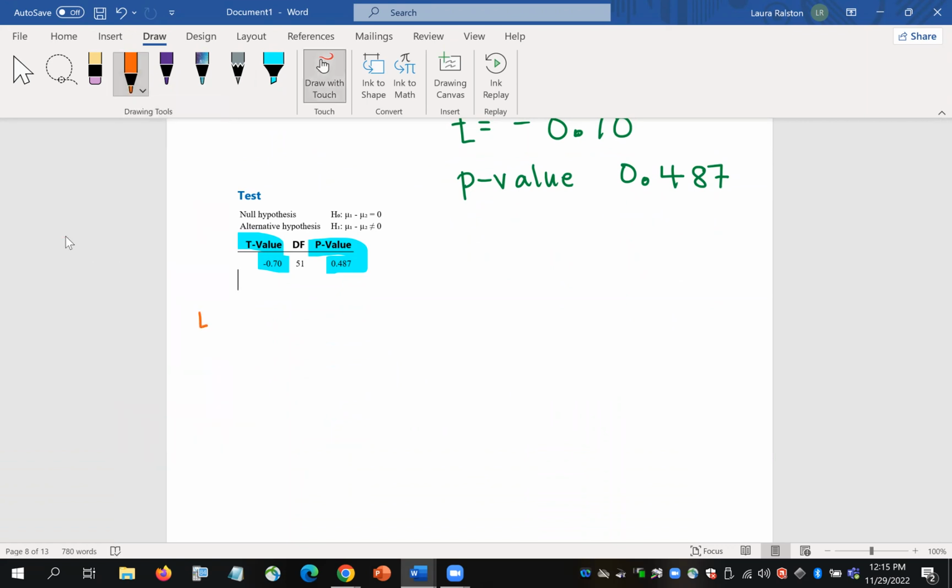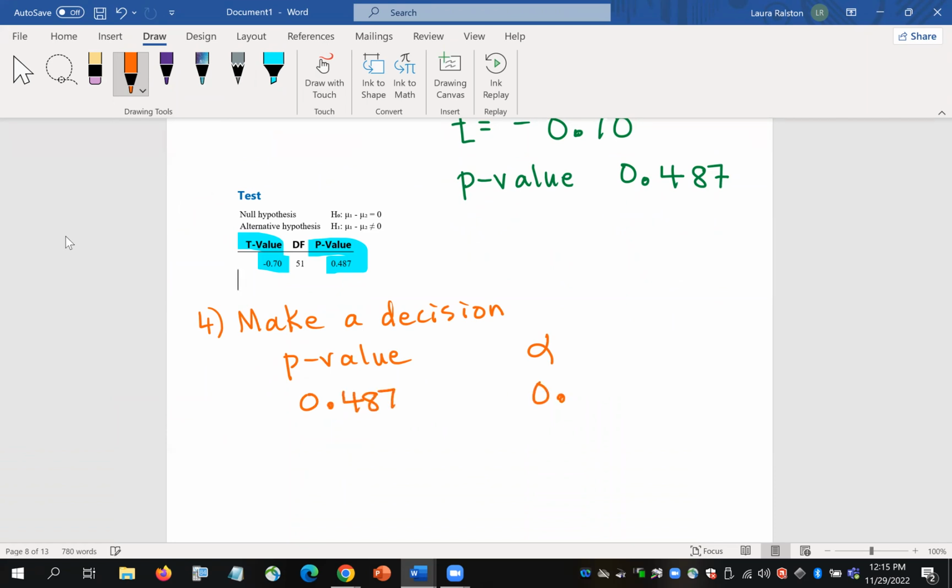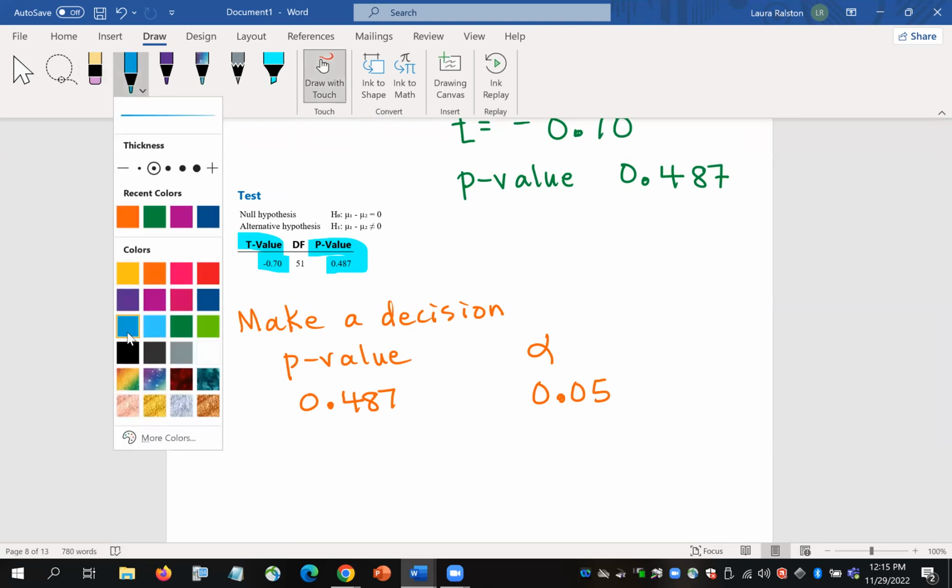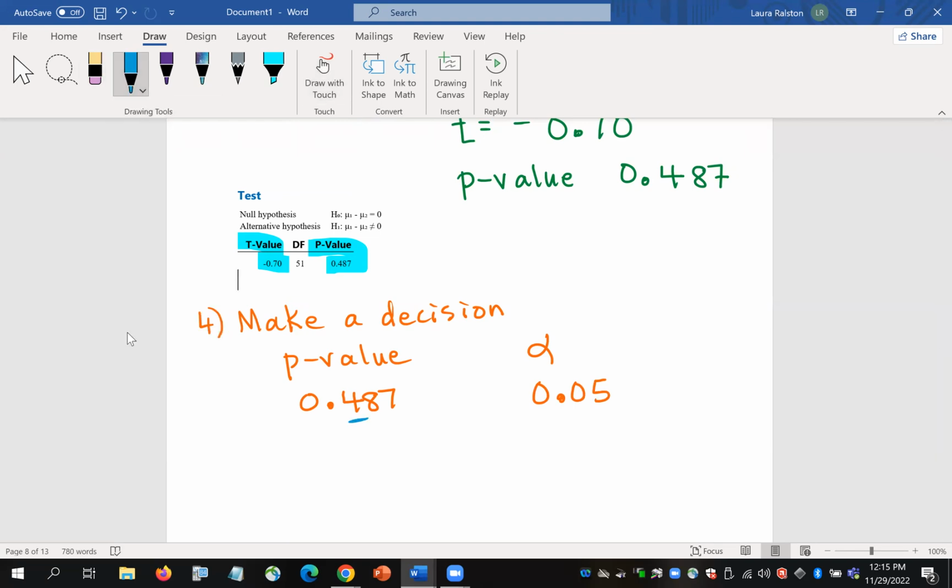Step 4 is to make a decision. So we're going to compare the p-value to the alpha. 0.487 versus 0.05. Again, remember to do it digit for digit. 4 is greater than 0, so p is greater than alpha.